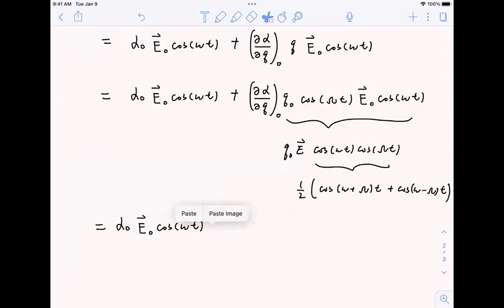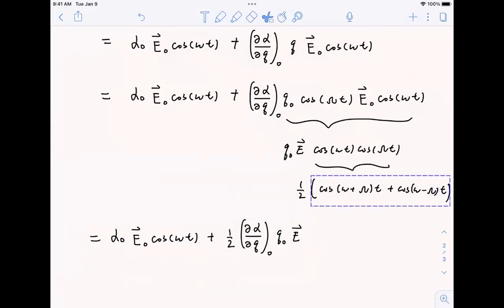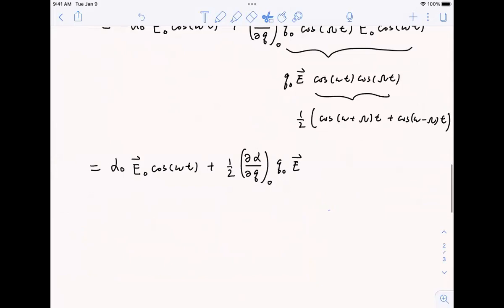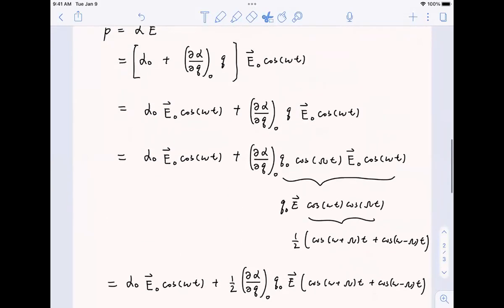And then plus 1/2 this thing. And then Q0 E, and there's some space, and then this thing. Okay, so this is the mathematics.